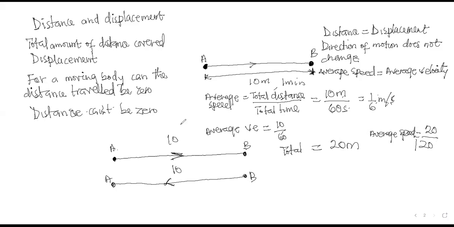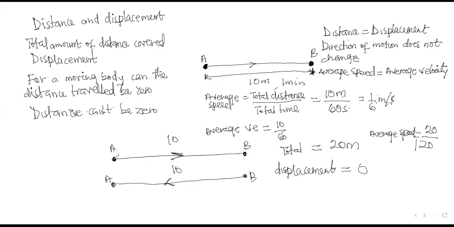Meaning we'll have the average speed to be 1/6. Okay. Interestingly, the displacement is 0. The total displacement of Giovanni's movement is 0. This is because with displacement, we are interested in a reference point, a starting point.